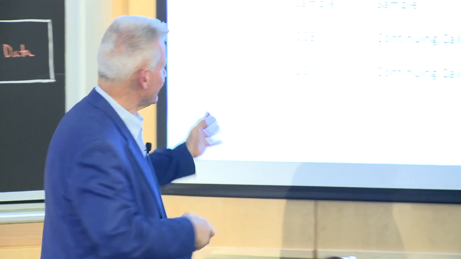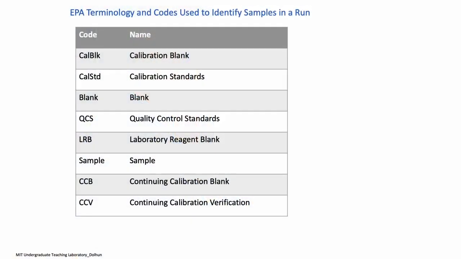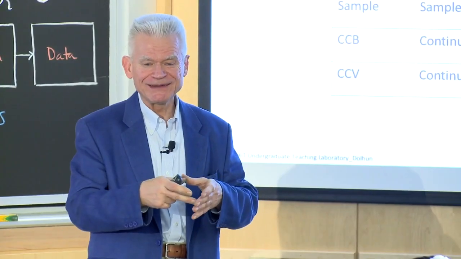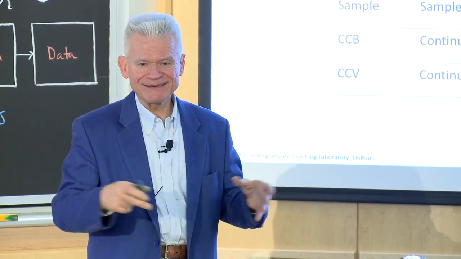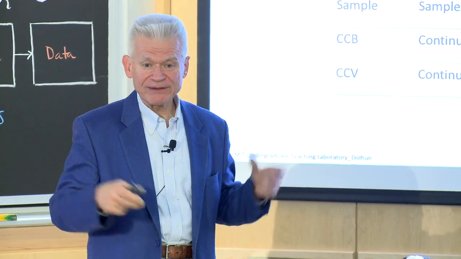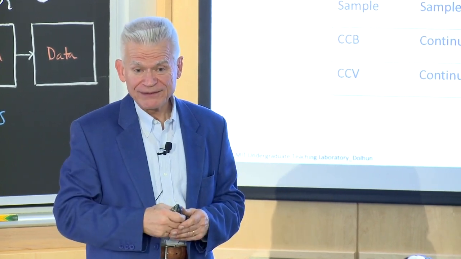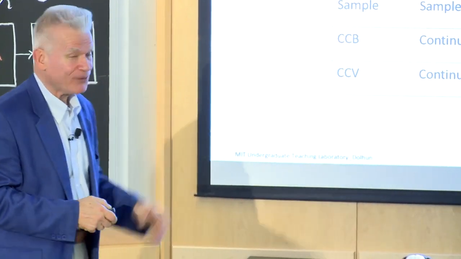So the laboratory reagent blank will tell us, hey, there may have been something in the funnel we're using, or something in one of those new filtering membrane discs that got into this sample, and it's also going to be in your sample. So that's another quality control.